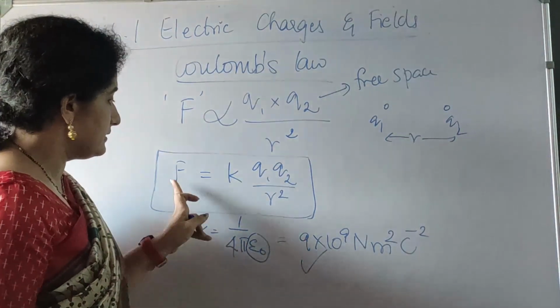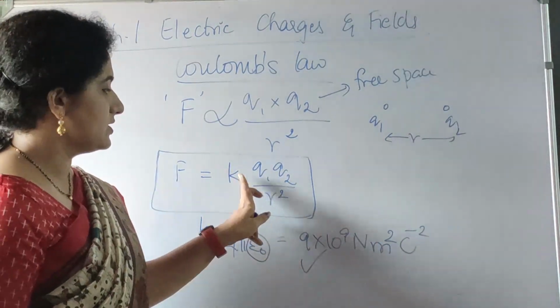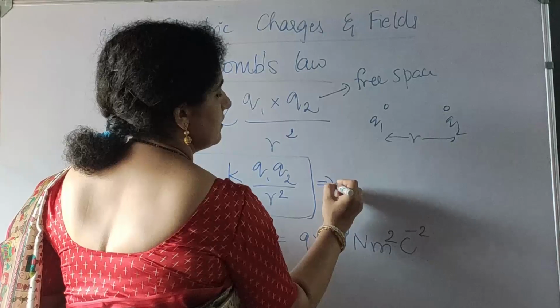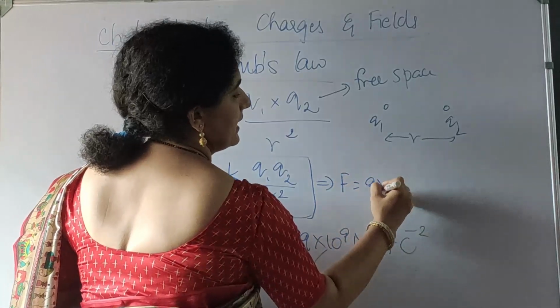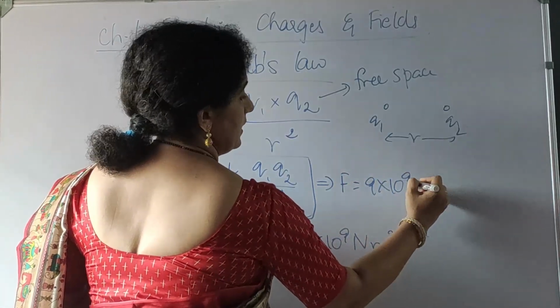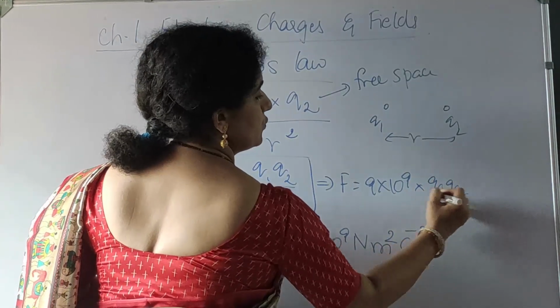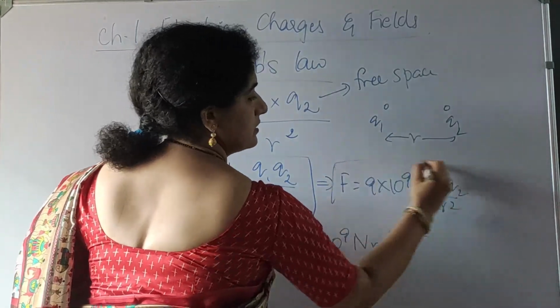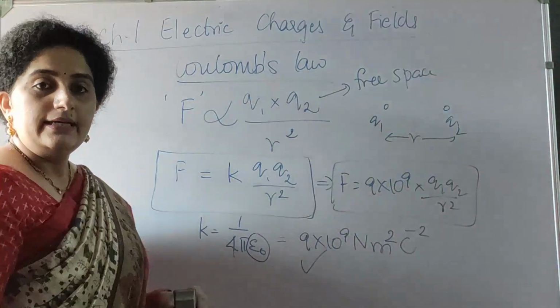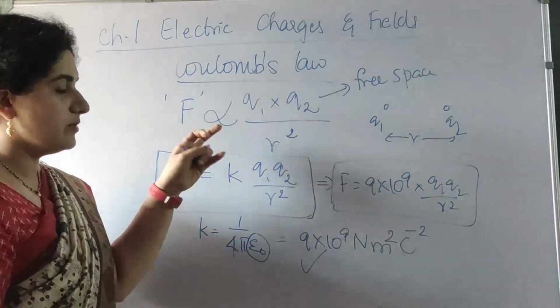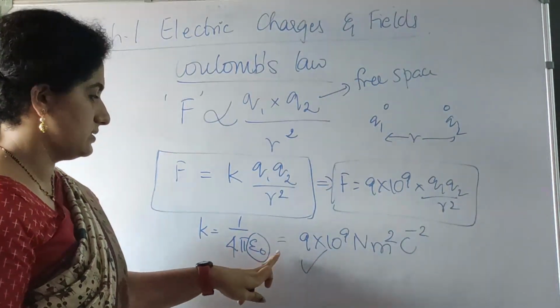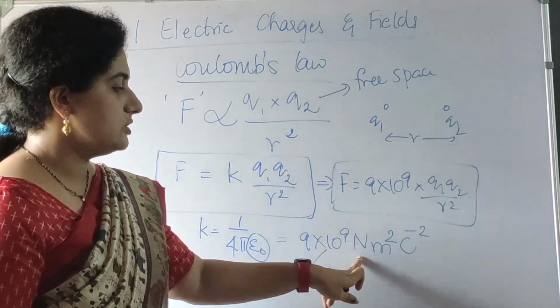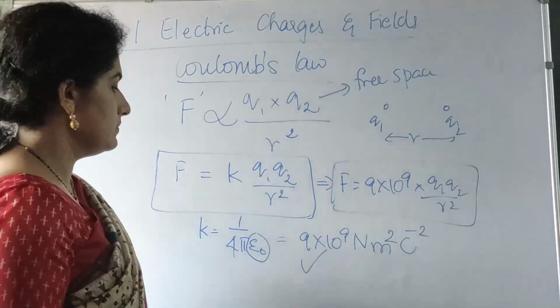So F is equal to 9 into 10 to the power 9 into Q1 Q2 by R square. This is also another form of Coulomb's law, which gives the force experienced by the two charges.